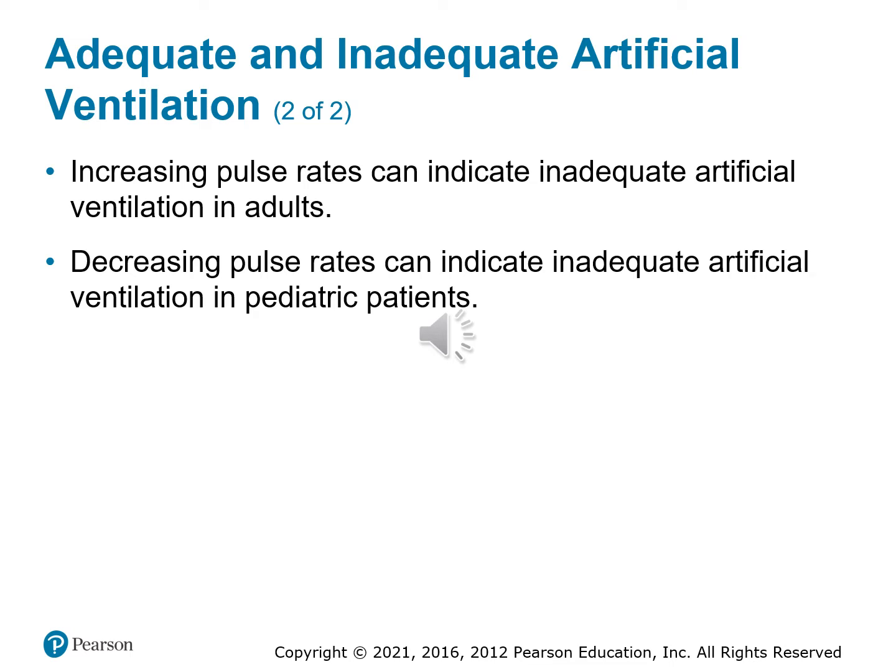Decreased pulse rates can indicate that your artificial ventilations are inadequate, but this usually occurs a little bit later. Once we've tried to compensate and we can no longer keep up with that, our body starts to fail. Especially in kids, we will see a drop in their heart rate, and this is a very ominous sign.